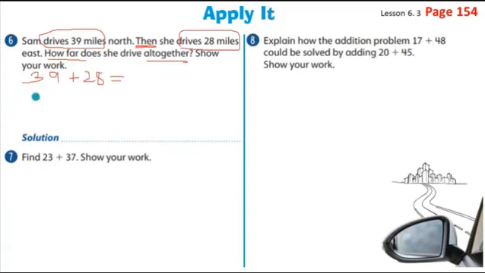So we have 1, 2, 3 10 rods, and then I'm going to have 1, 2, 3, 4, 5, 6, 7, 8, 9 ones. Not really good circles, but you get the point.